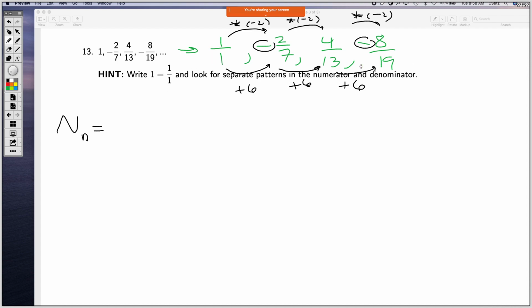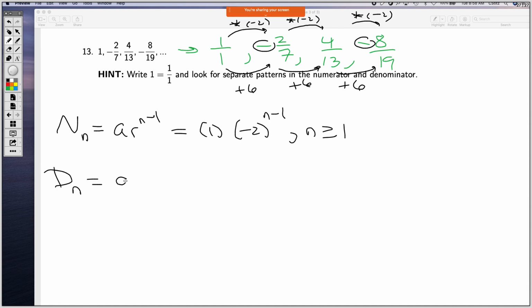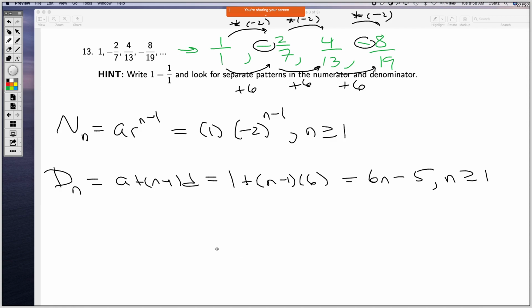So I can get a sequence here for the numerators. The numerators are a r to the n minus 1. The a here is 1, and the ratio is -2, so -2 to the n minus 1 for n bigger than or equal to 1. The denominator sequence is a plus n minus 1 d, so that would be 1 plus n minus 1 times 6, which is 6n minus 5 for n bigger than or equal to 1.